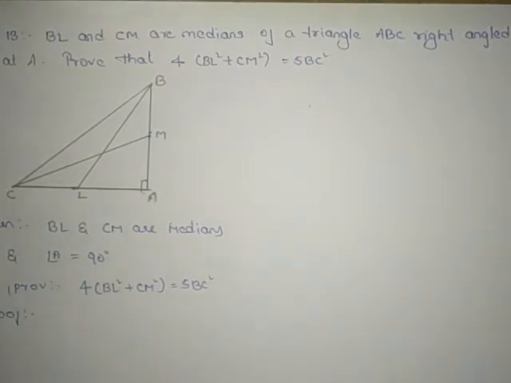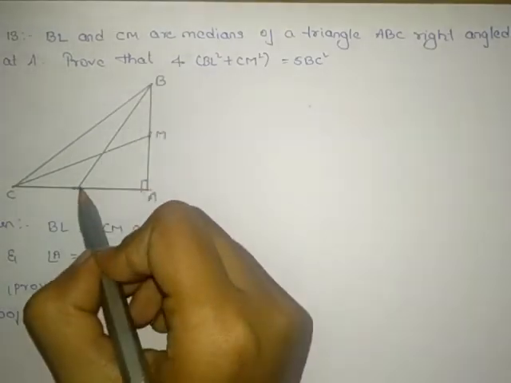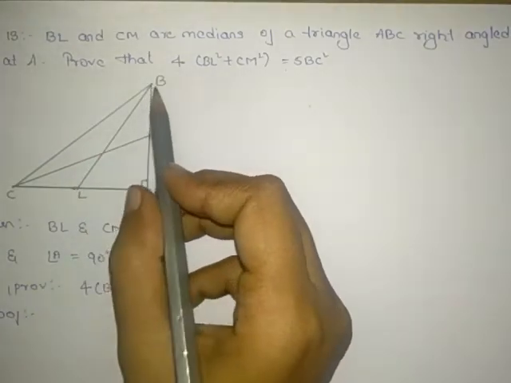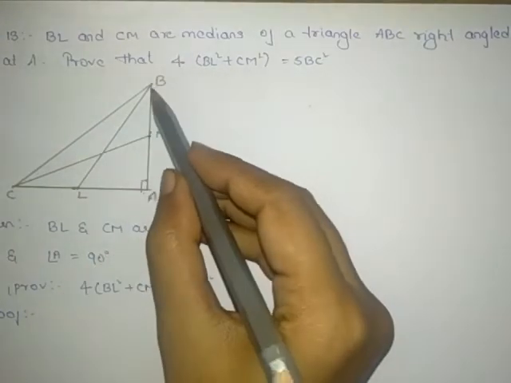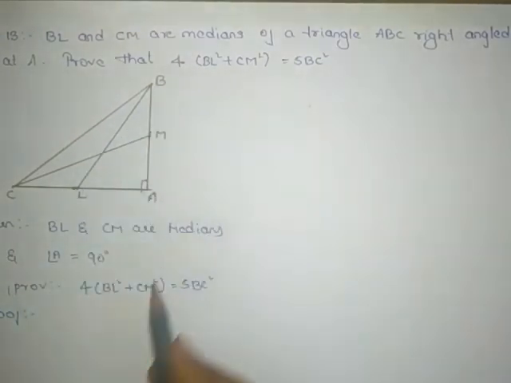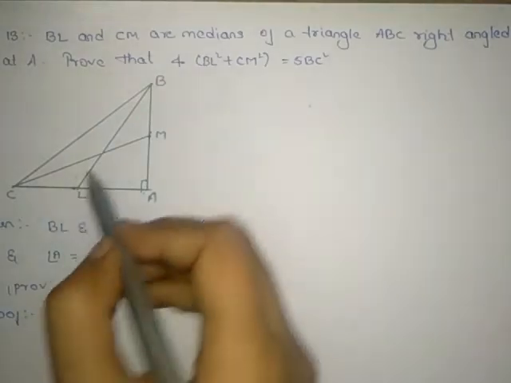You can observe that here. How to prove, which triangles we need to consider for this proof, means, here what they have given? BL. BL means what? This side. This side is referring to the triangle ABL, isn't it? So we need to consider the triangle ABL, and one more side CM.